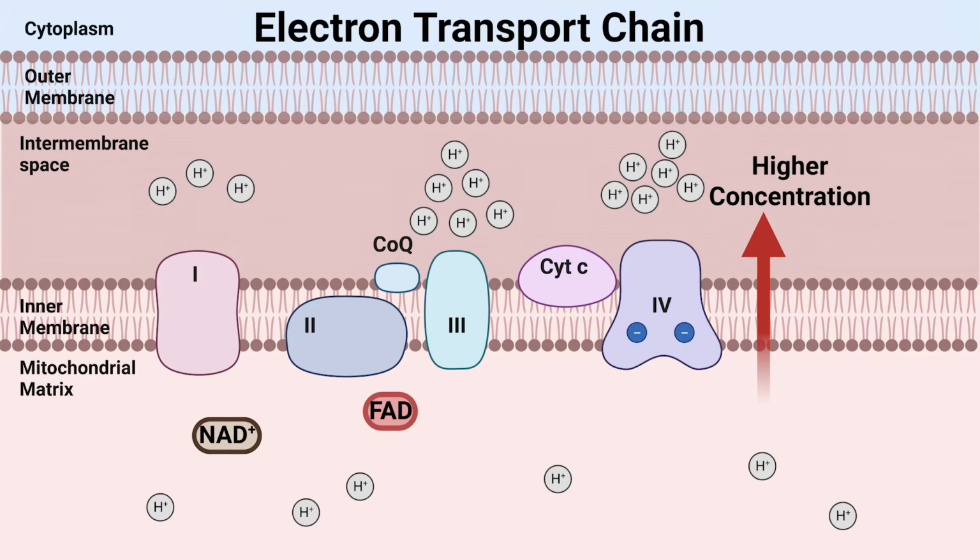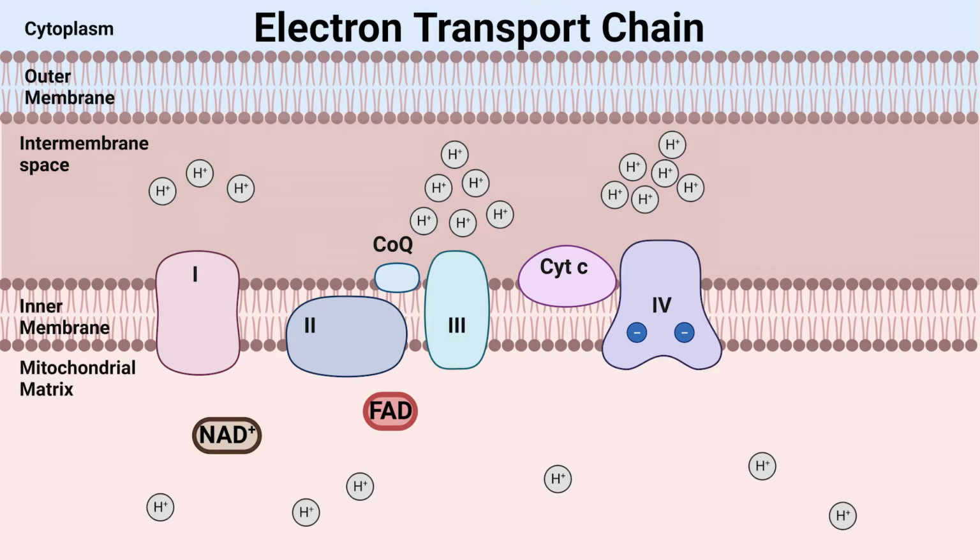Those protons want to move from the area of high concentration to the area of low concentration, but there's a membrane in the way. And they can't do that because the properties of the membrane, the lipid bilayer, mean that they can't just passively diffuse through.